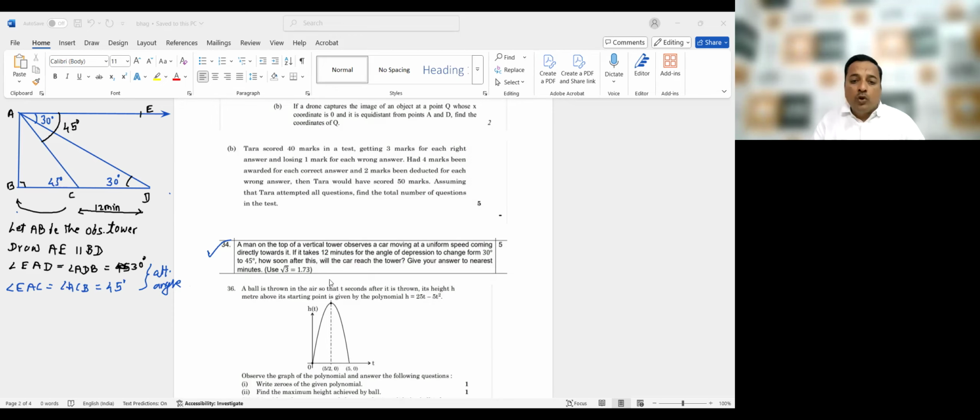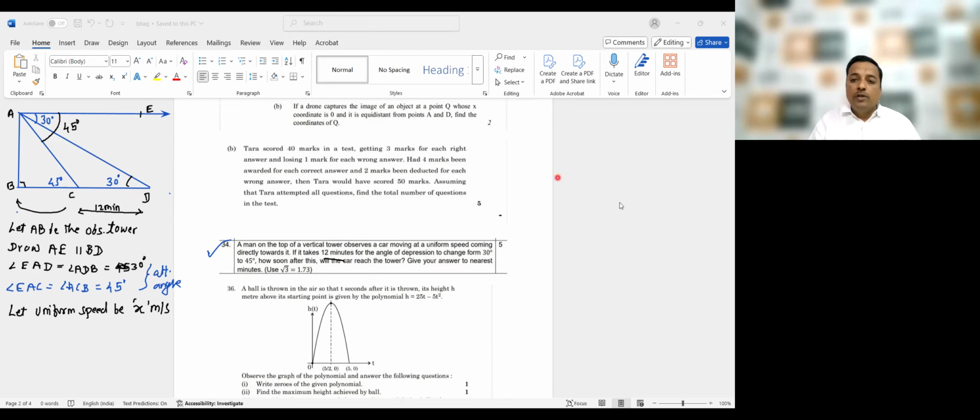A man on the top of the vertical tower observes a car moving with uniform speed. अब हमारे पास स्पीड नहीं है, so हम लोग लिखेंगे यहाँ पे, let uniform speed be x meter per second, ये उसका स्पीड है. And from C to D the time taken is 12 minutes.